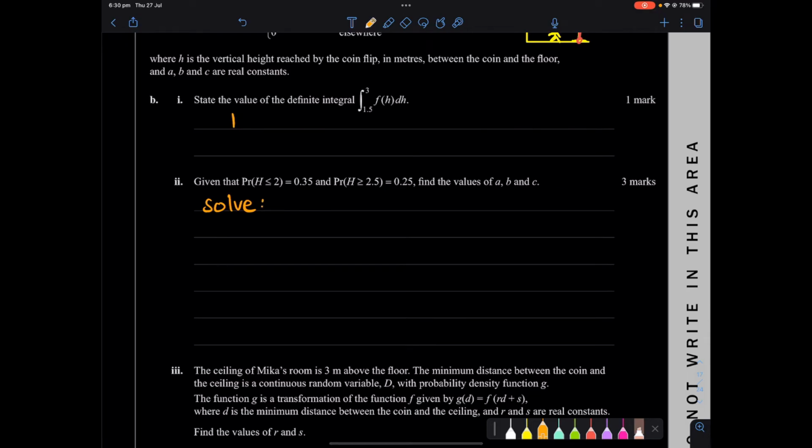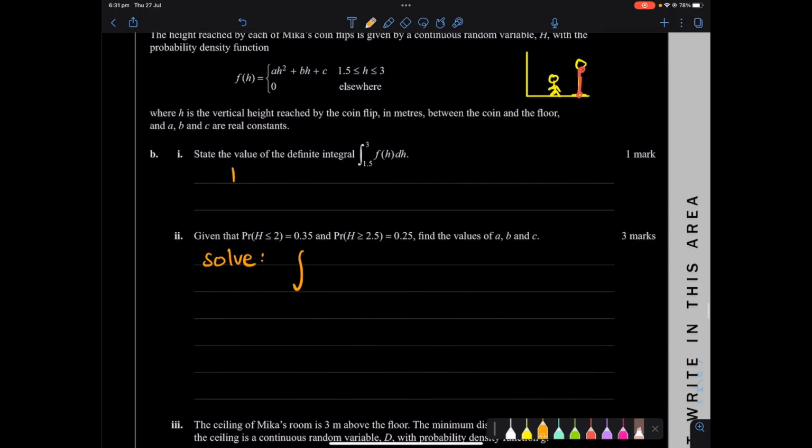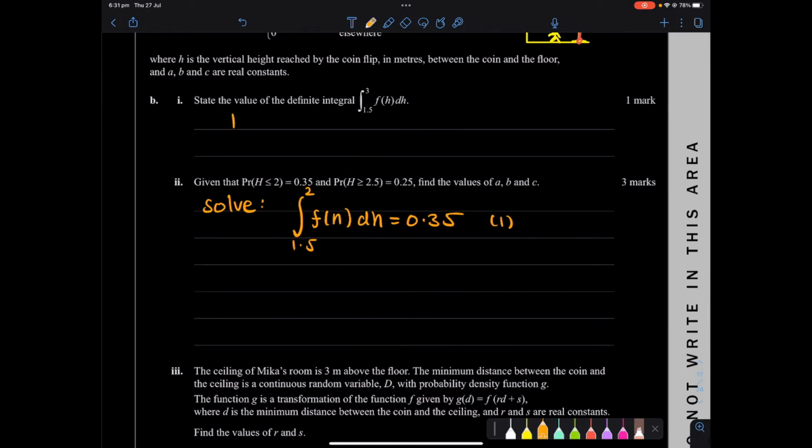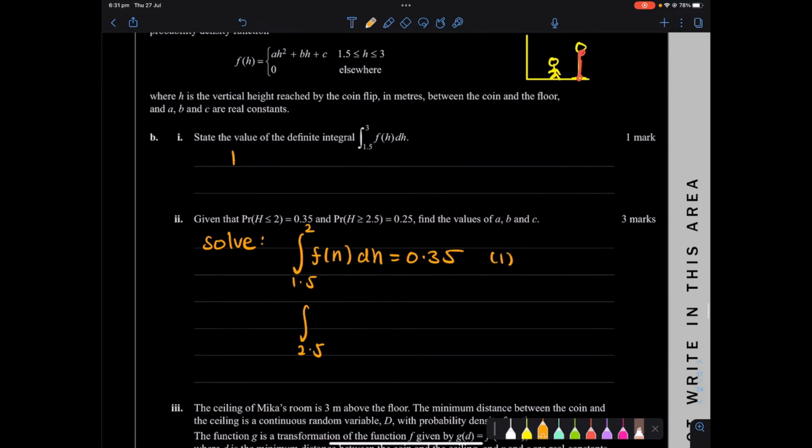I can say that the integral from 1.5, because that's our lowest, to 2 of f of h with respect to dh is equal to 0.35. That's your first equation. And we also know that the integral from 2.5 to 3, our maximum, of f of h dh equals 0.25. That's your second.